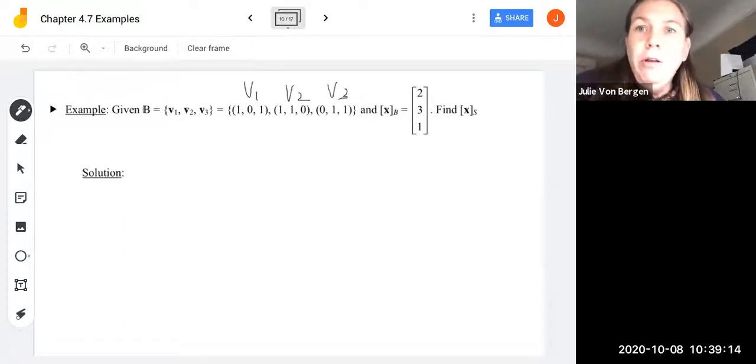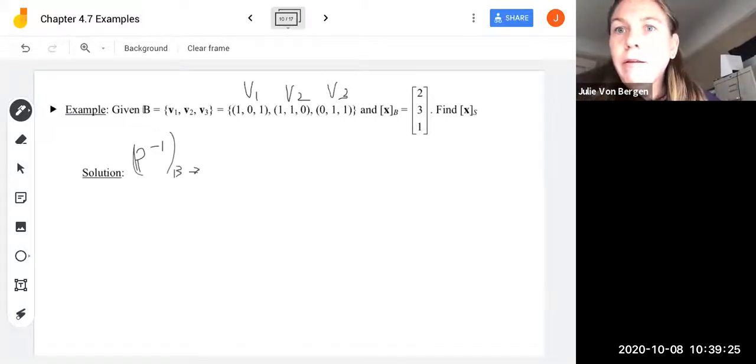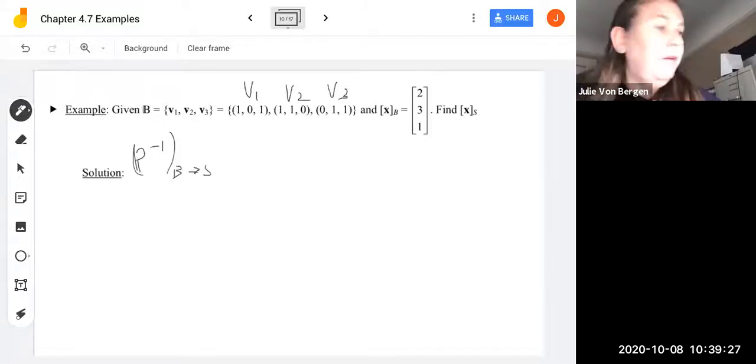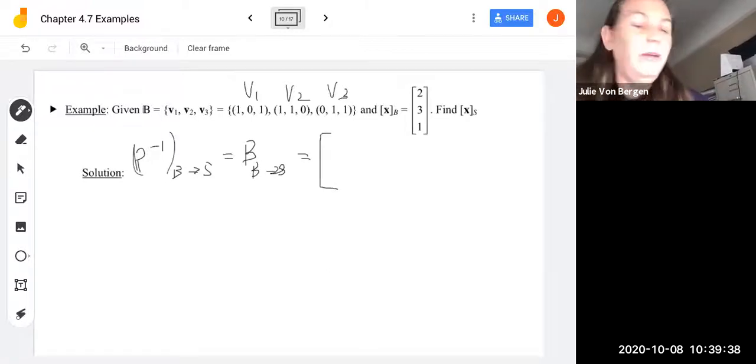So we know that P inverse, going from B to S, is going to be the matrix corresponding with B going from B to S. And so that's going to be taking V1, V2, and V3 and just placing them as column values in this matrix.